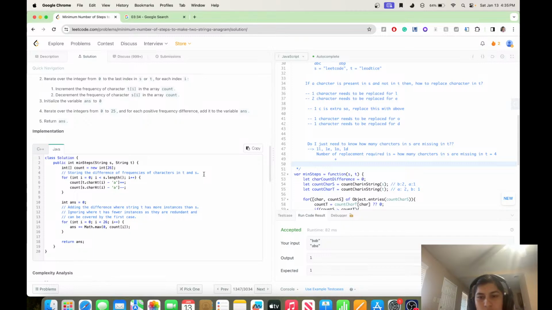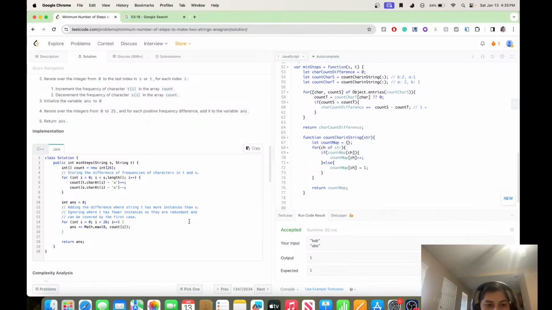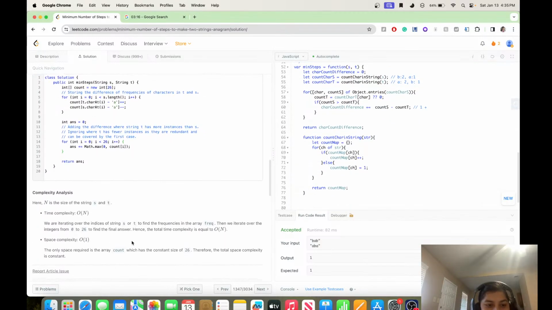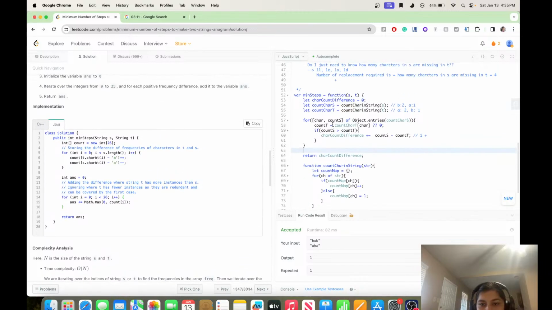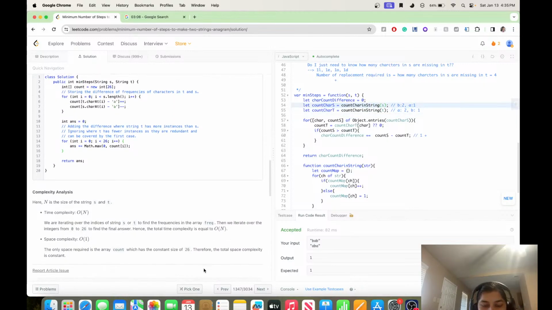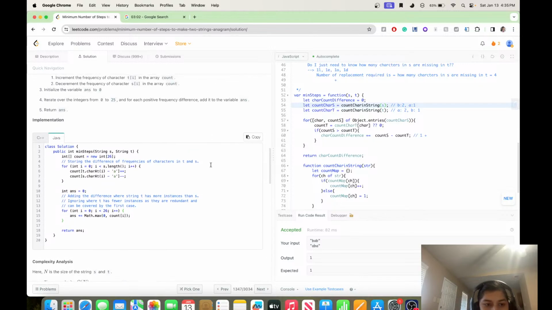I thought that there was more depth to this problem, so I was trying to understand the problem more. Space complexity of 1, time complexity is O of n. Actually the space complexity is still O of 1 because there are only 26 characters.